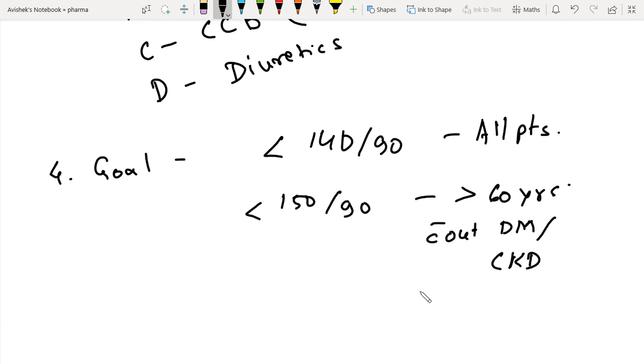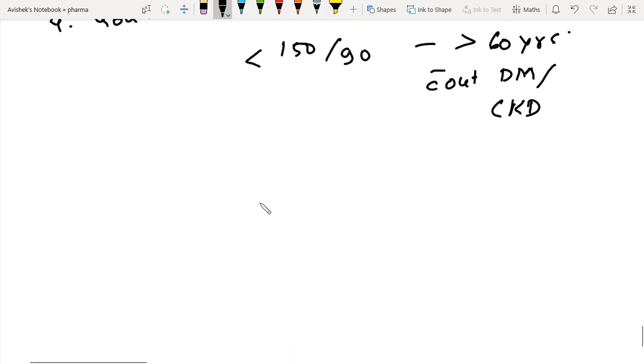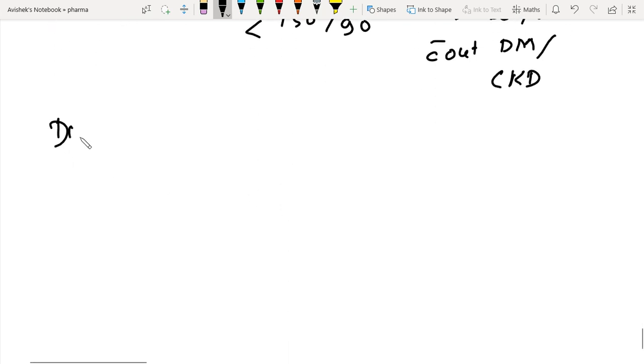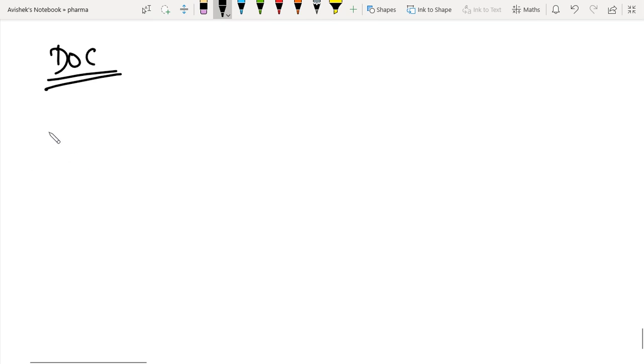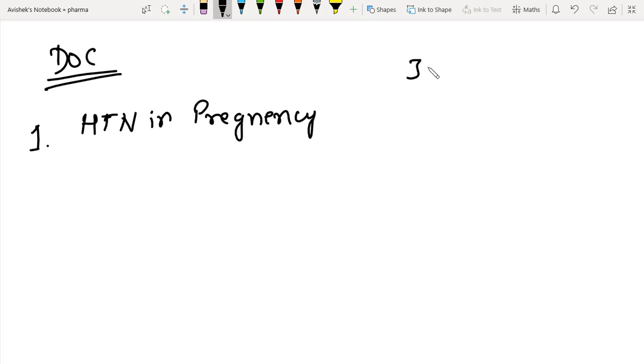Now some drugs of choice. Number 1, hypertension in pregnancy. According to the Joint National Committee, you should use methyldopa, but some books also say labetalol.